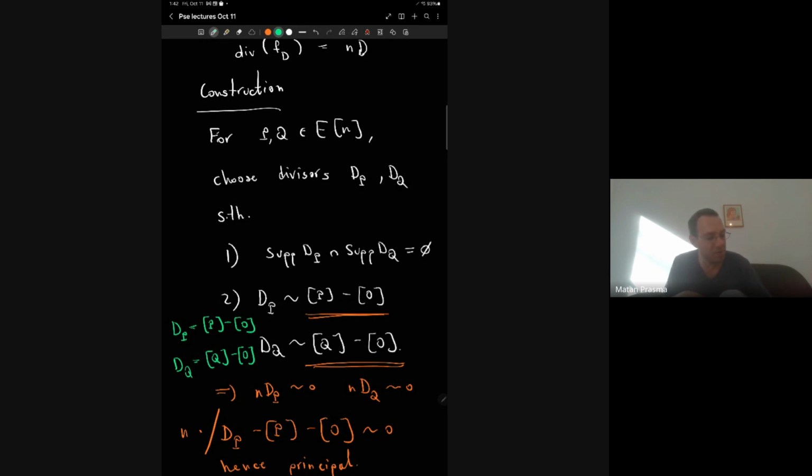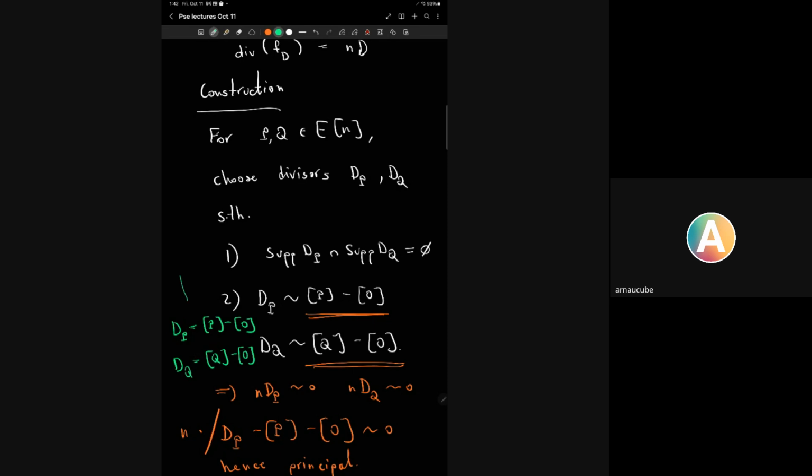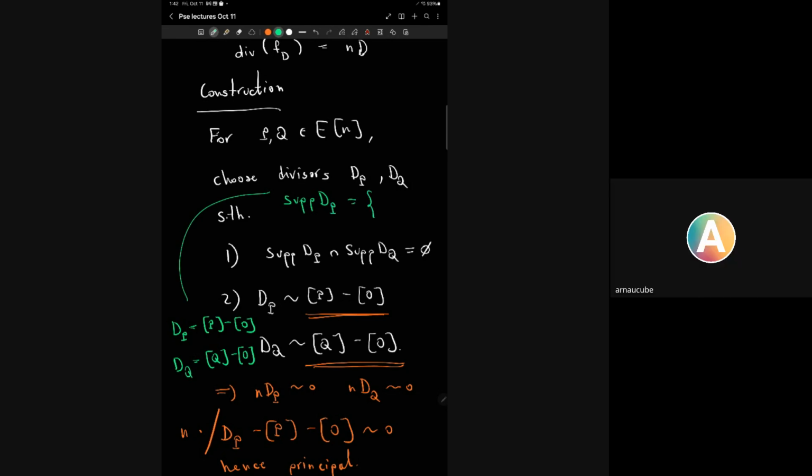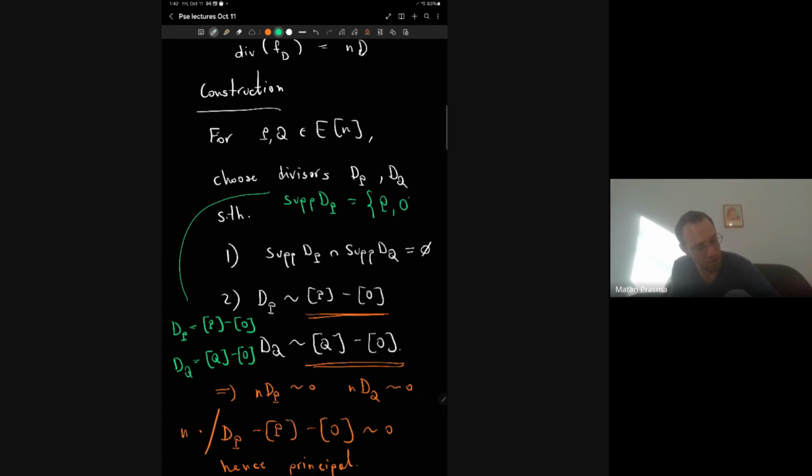What is the support of DP? The support of DP is a set of two points. It's P and O. So it's the zeros and poles.